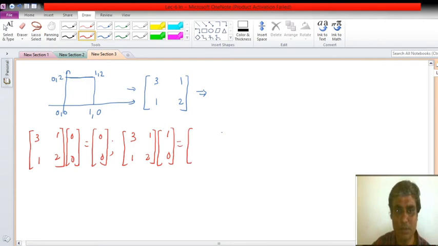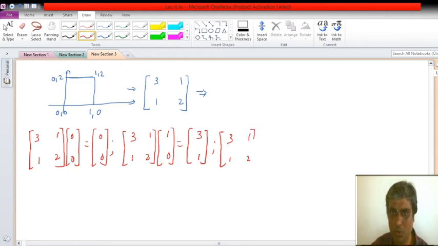It is 3 and 1. Okay. Now next, if I map 3 1 1 2 on 0 and 2, what is the resultant mapped vector? It is 2 and 4, right?